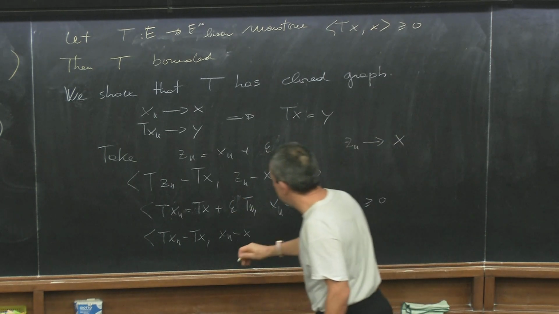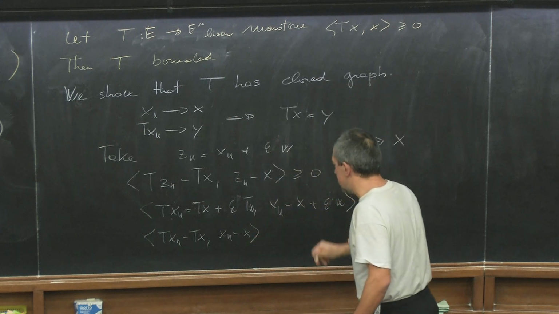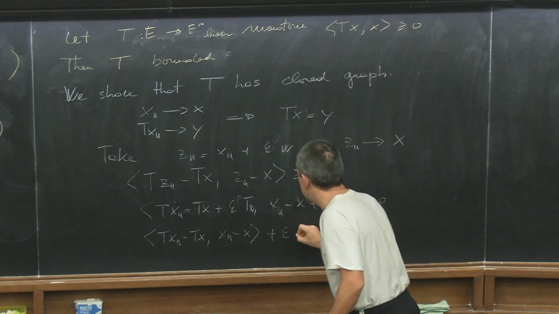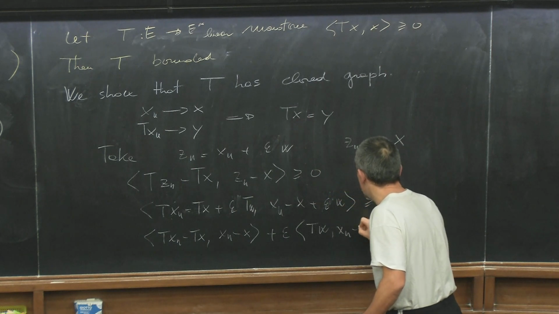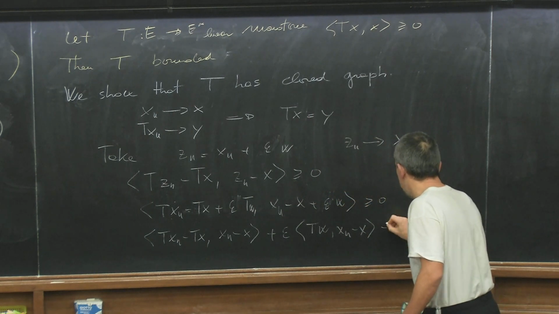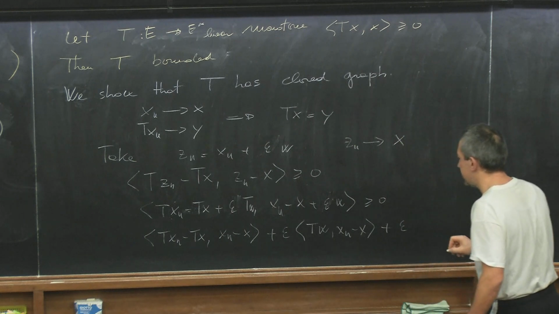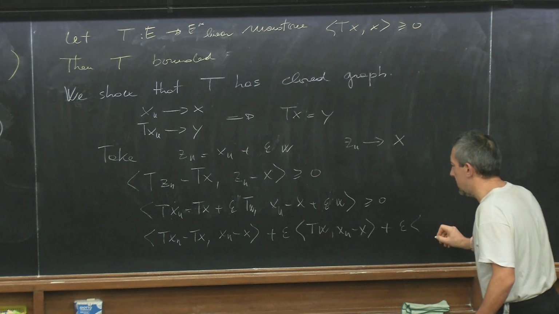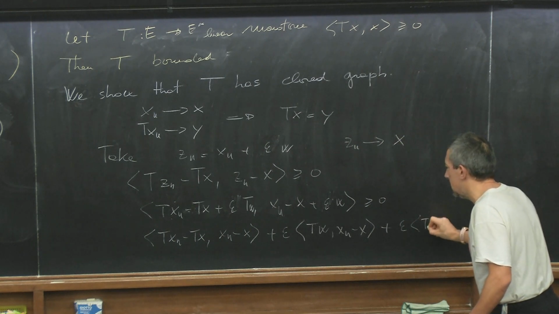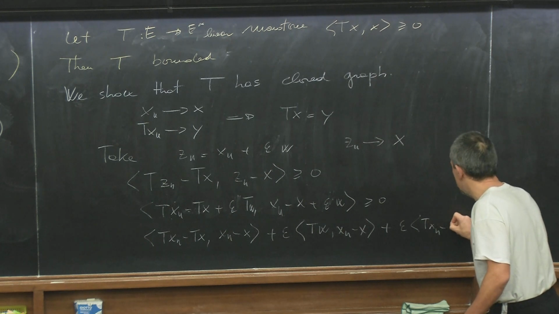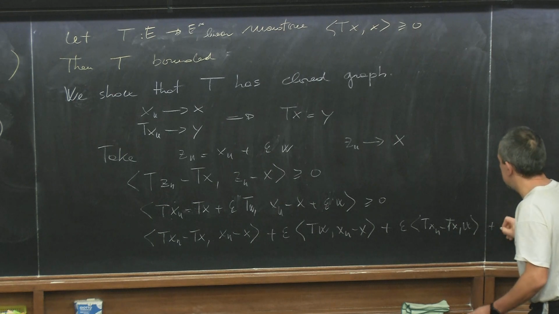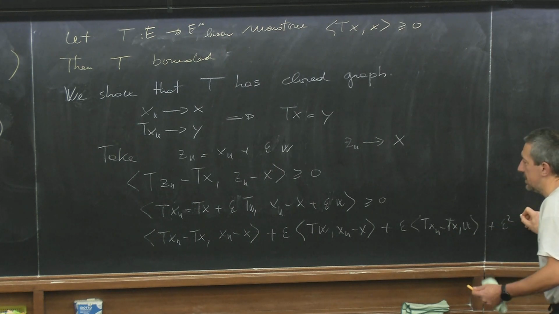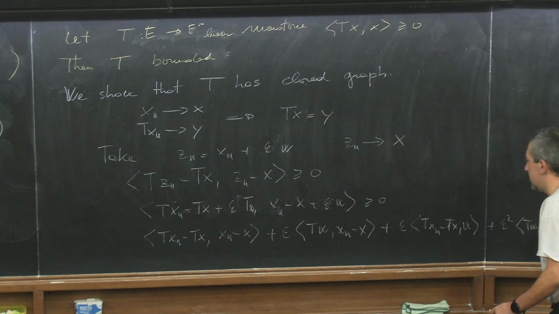So in the first term we have T x_n minus T x paired with x_n minus x. Then plus epsilon, I get T w paired with x_n minus x, plus T x_n minus T x paired with w, plus epsilon squared and whatever is left, that is T w paired with w.